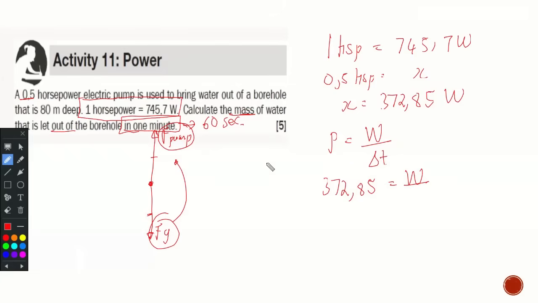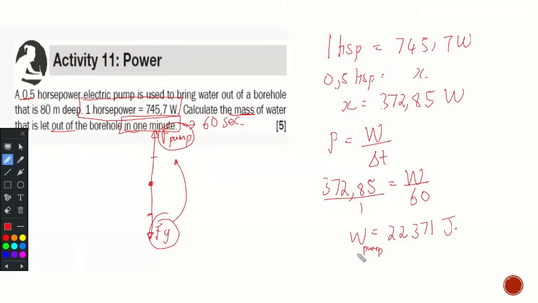Delta T is 1 minute, which is 60 seconds. Cross multiplying, the work done is 372.85 multiplied by 60, which is 22,371 joules. So this is the work done by the pump.